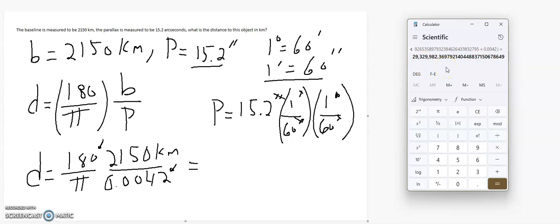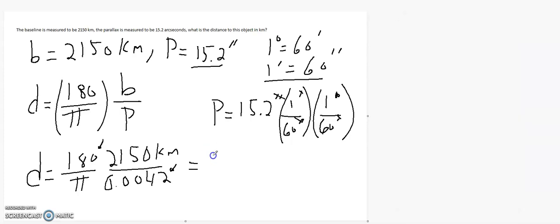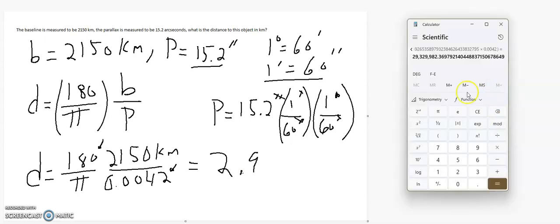Two places past the decimal would be 2.93. And the digit after the 3 is a 2, so you don't round up, so it'd just be 2.93.